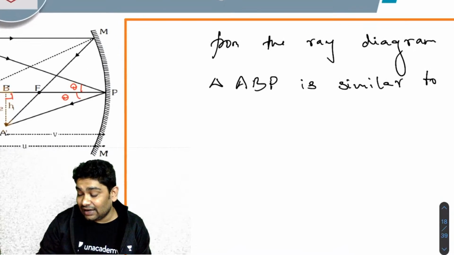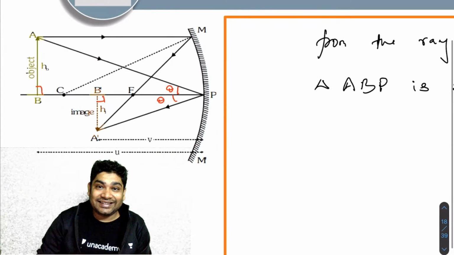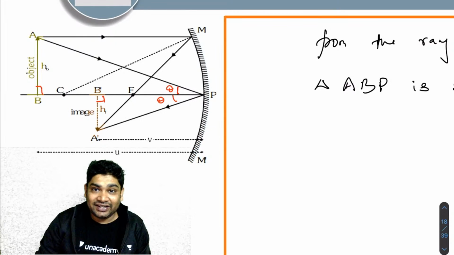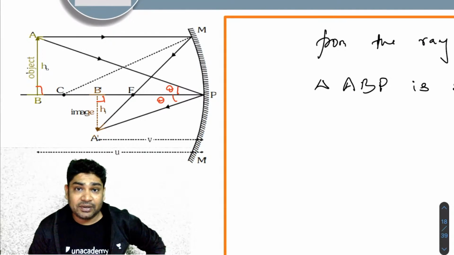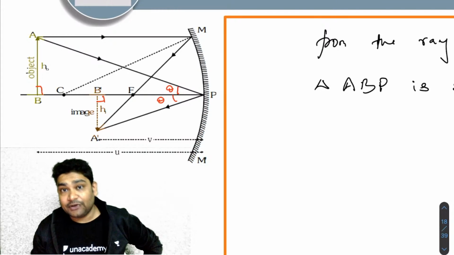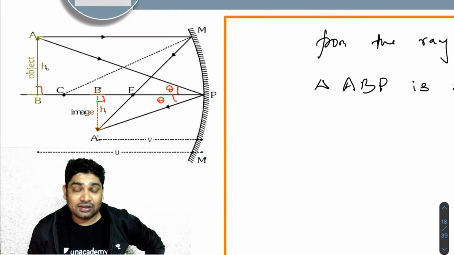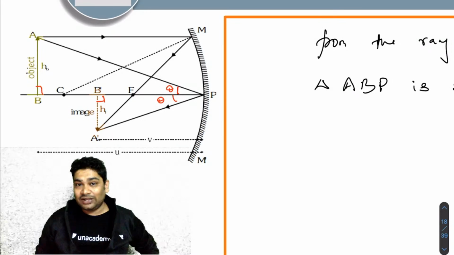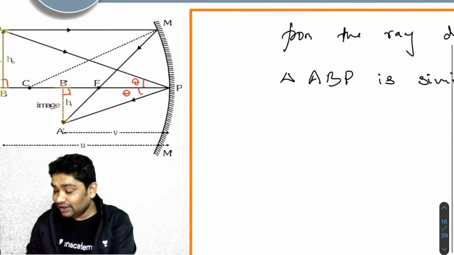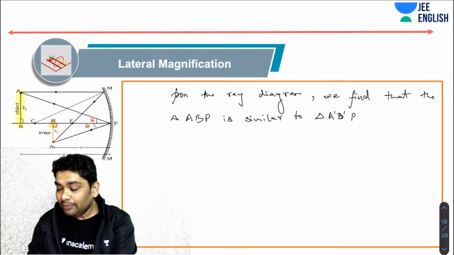Two angles are theta and 90 each in these, so all three angles in fact become equal. What does this tell me? That A dash B dash over AB will be equal to V over U. Agreed? So that is what the relation between the image size and the object size would be.